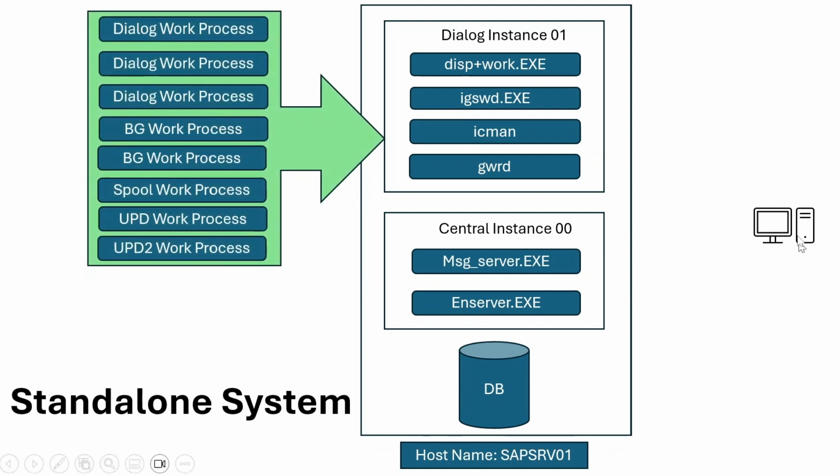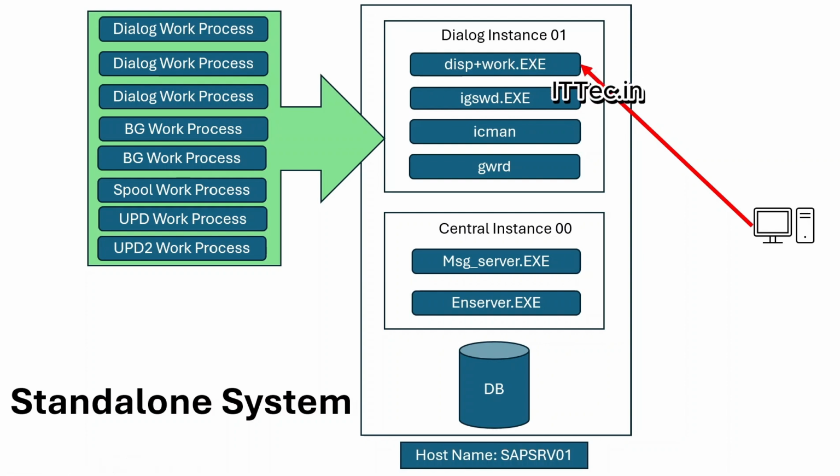So apart from these processes, disp+work basically calls the ABAP dispatcher. Apart from disp+work, there are some other work processes which do the actual work. So let's see how it works. A user requests information, maybe a transaction or any request. It goes to disp+work. Now disp+work first checks what kind of request it is.